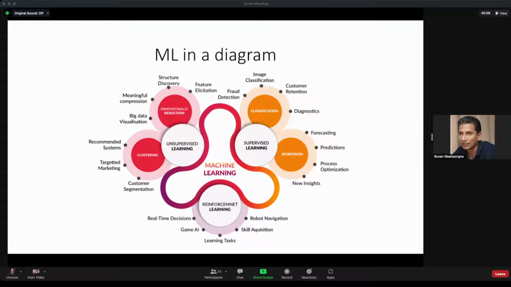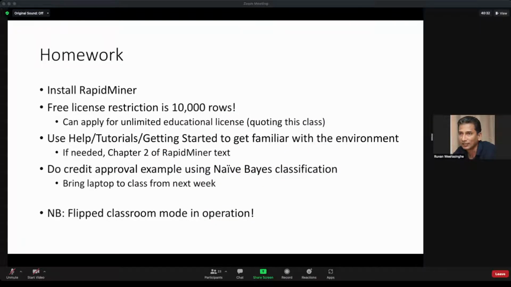Okay, so I've gone 8 minutes over. I want you to do the first tasks for this week, and these tasks are what actually makes you learn, not this lecture session. So the task I want you to do is to install RapidMiner.